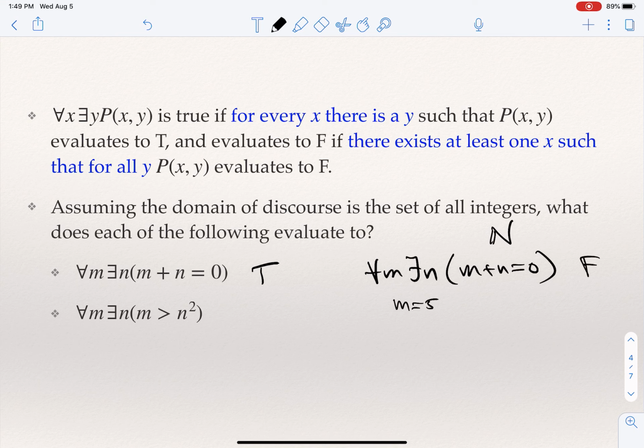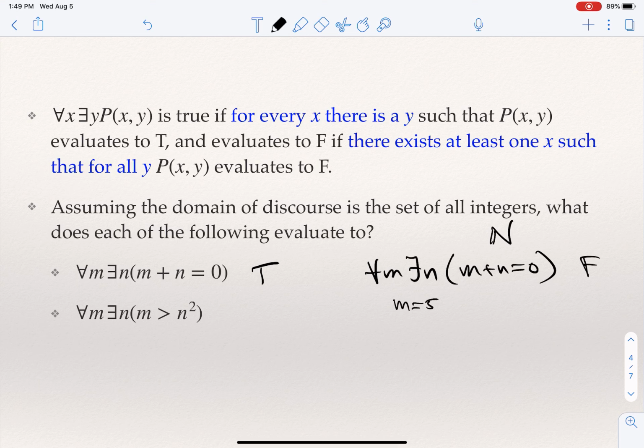The second statement here says that for every integer m, there is an integer n such that m is greater than n squared. Now think about it carefully here. N squared is always positive or 0. When n is 0, it is 0. But for every other number, n squared is positive.